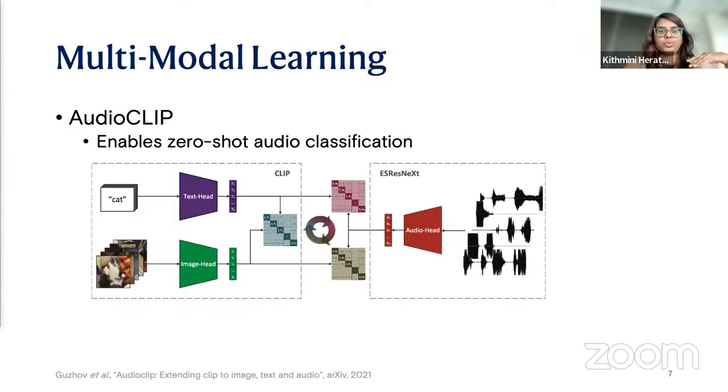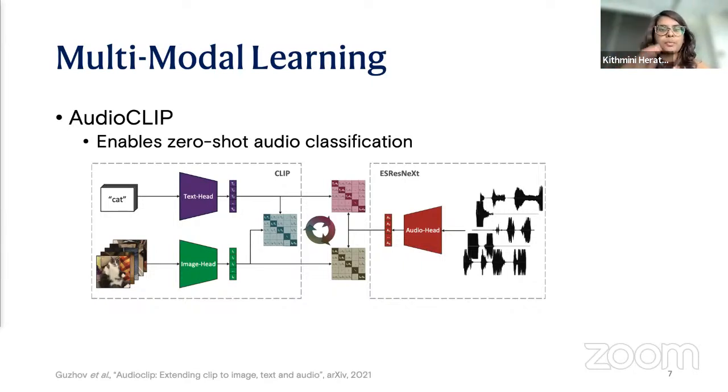So one example is this work called AudioCLIP. Here you have the CLIP model, and they just attach another head for audio data. So it follows the same contrastive learning method and has the same style.